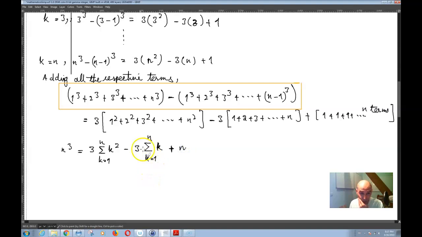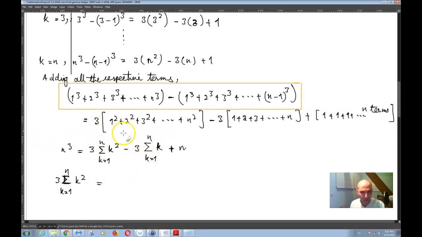So now my goal was to calculate sigma k cube as k goes from 1 to n. So I keep this over here and write this as 3 times sigma k squared as k goes from 1 to n is equal to, take all of these to the other side of the equation.